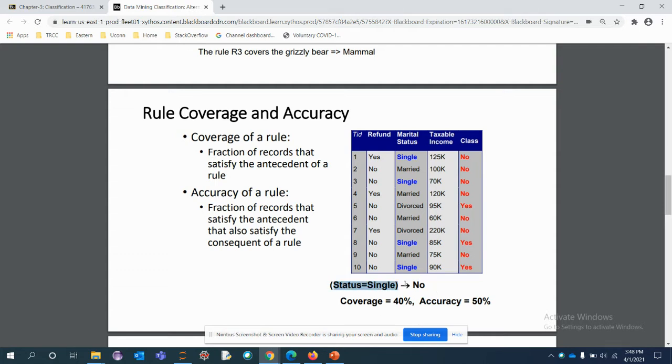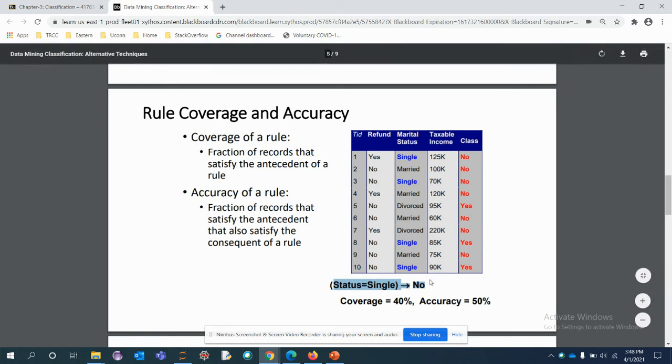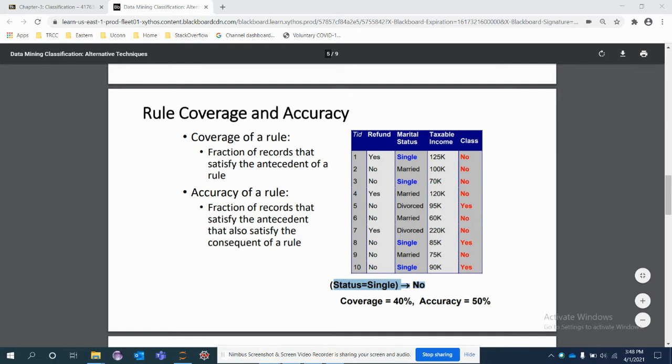Accuracy, or confidence factor, is the fraction of instances triggered by R whose class labels are equal to y.